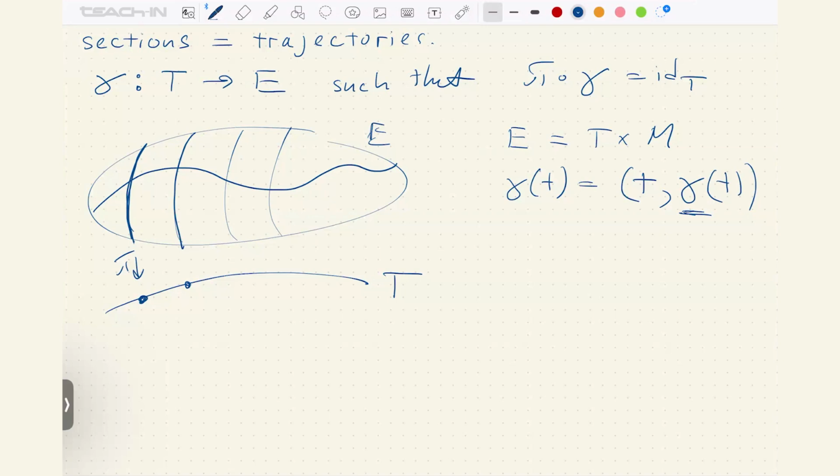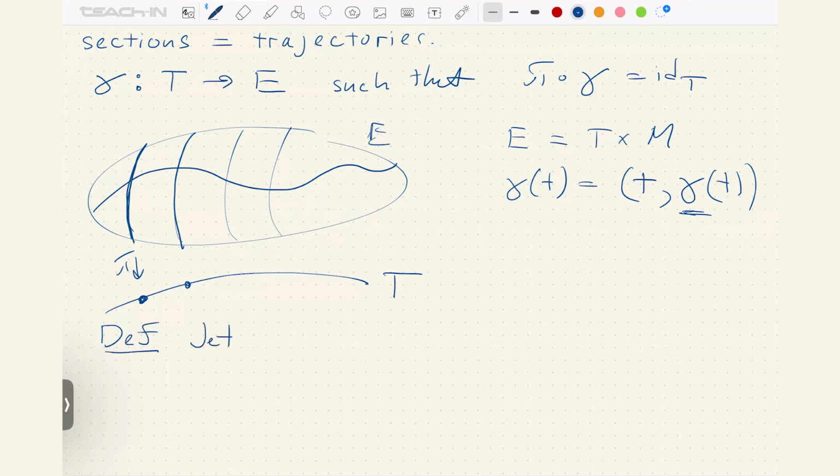Okay, so now we understand what sections are, and we understand that in terms of sections, our mechanics looks like this: a section is a trajectory of our mechanical system. And now we are ready to define the jet bundle.